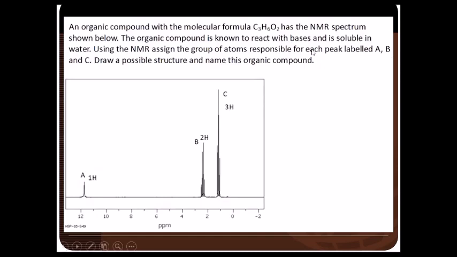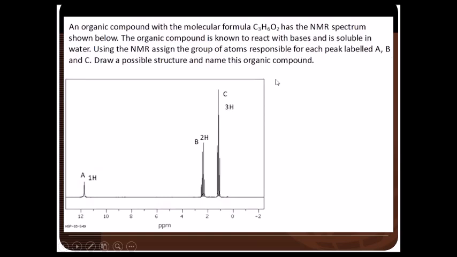In organic chem, though, when I'm thinking of an acid in an organic molecule, I'm thinking of a carboxyl functional group. So I'm thinking of a C double bond O, and also an OH group.